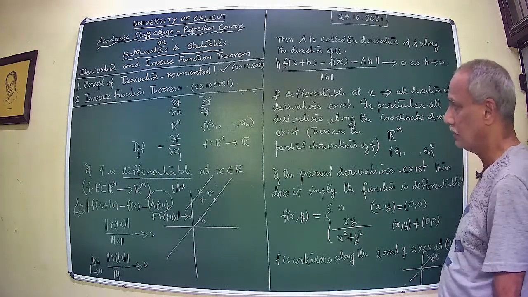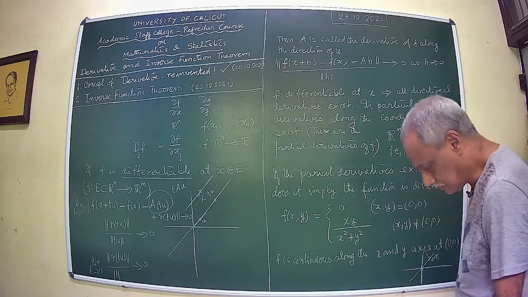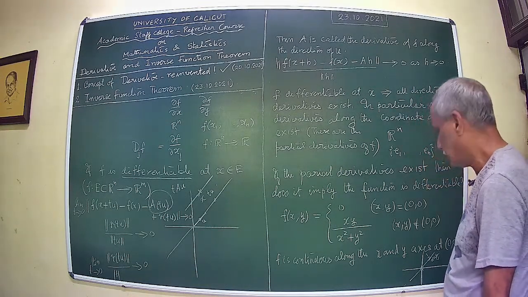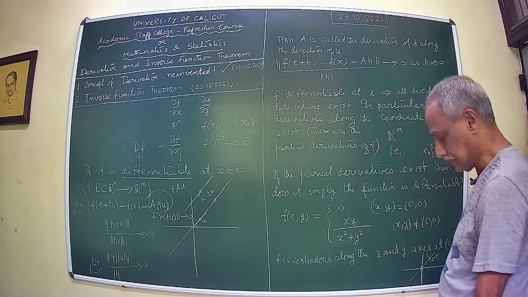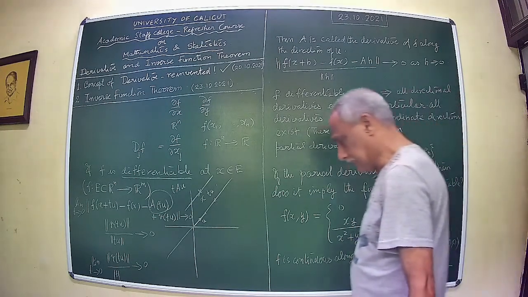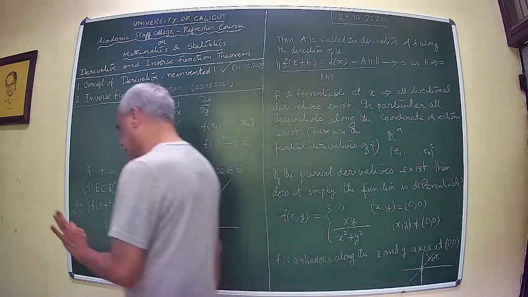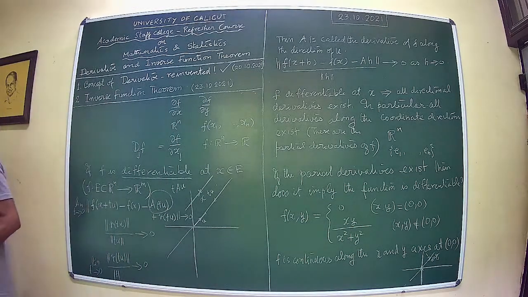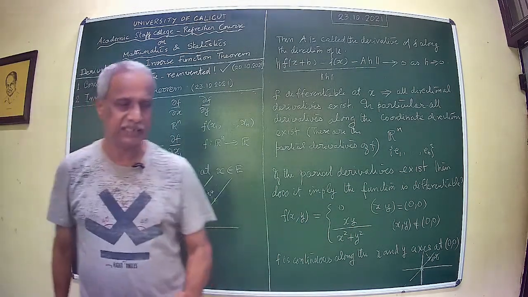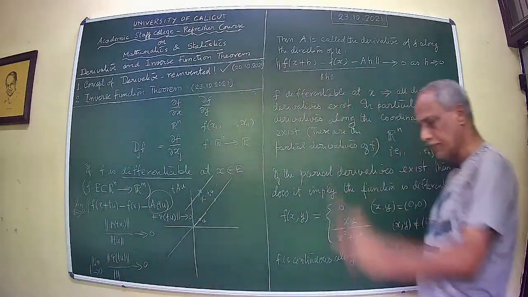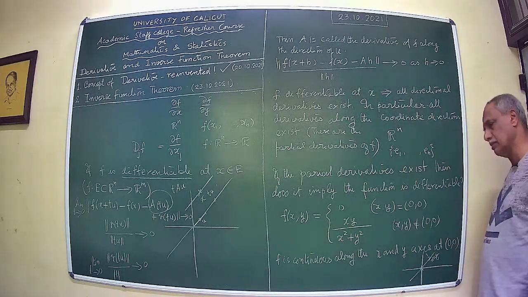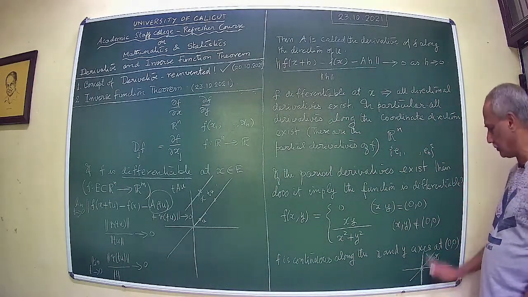So, what you have is that the function is not continuous at (0, 0), which means the function has continuity along the coordinate axis, but not along the radial directions. This is what we have observed.